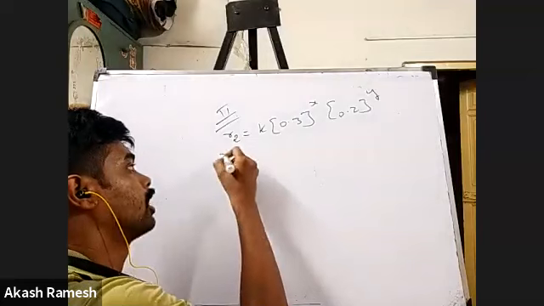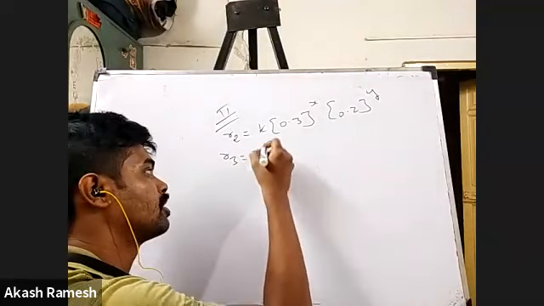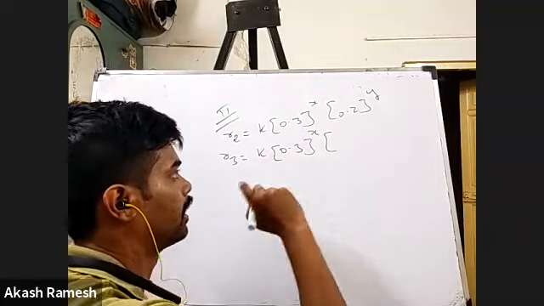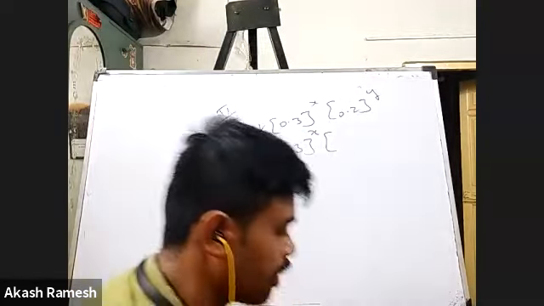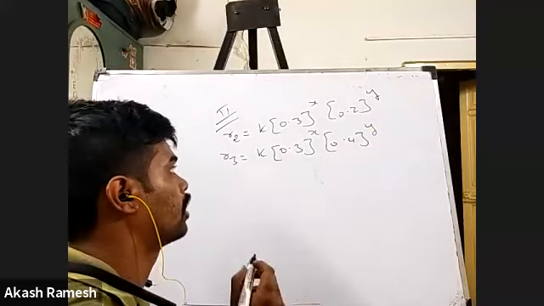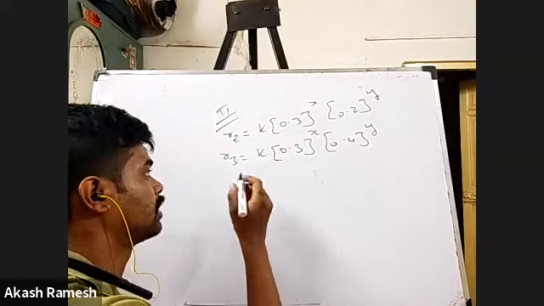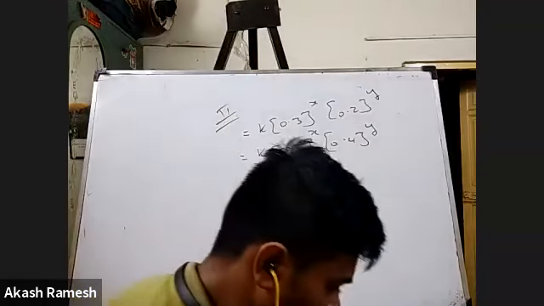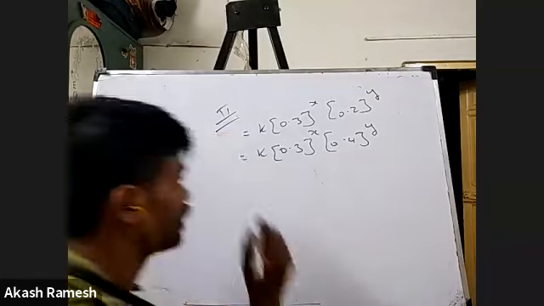Okay, so let me go for R3. Rate constant is the same and A is the same, and I have the value for B here to be 0.4 power y. And I think I have my R1 and R2 values also, isn't it? So I'll fill them here. It's 7.2 into 10 to the power minus 2.